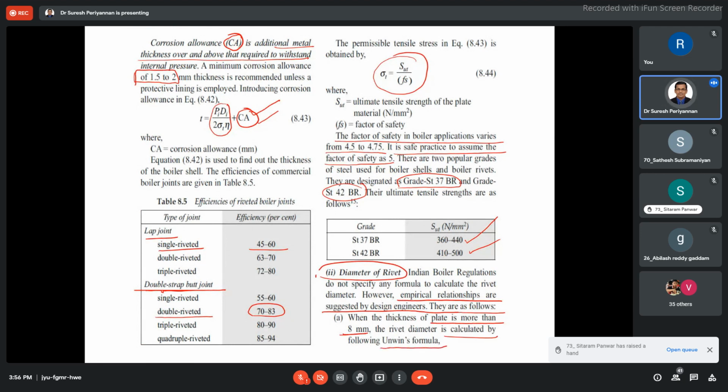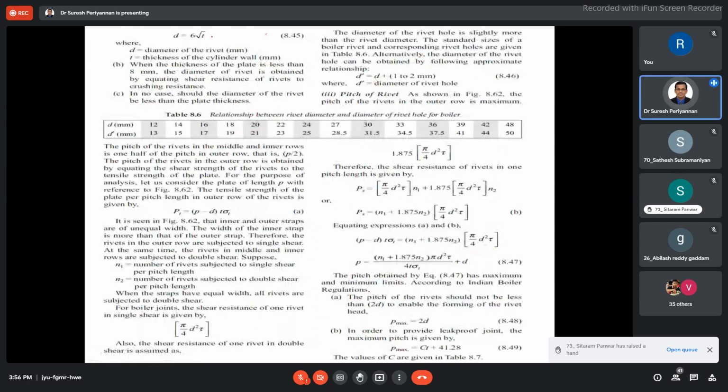That person might have done research and obtained this formula. D, the diameter of the rivet, is equal to 6 times the square root of the thickness of the vessel. This is the thickness of the cylindrical wall. Now, when the thickness of the plate is less than 8 mm, then, very, very important.